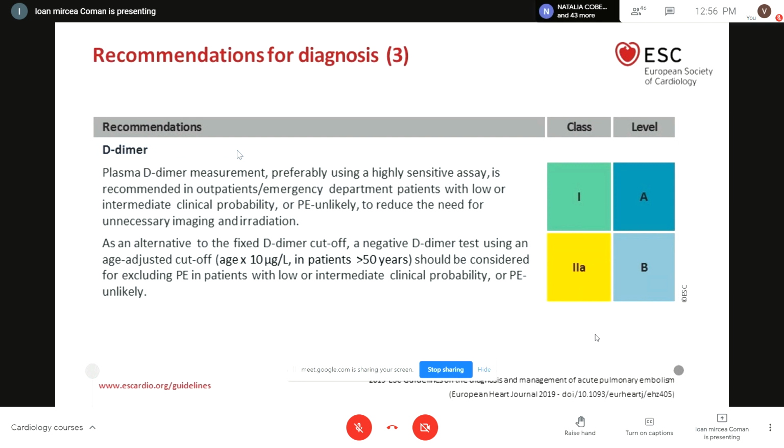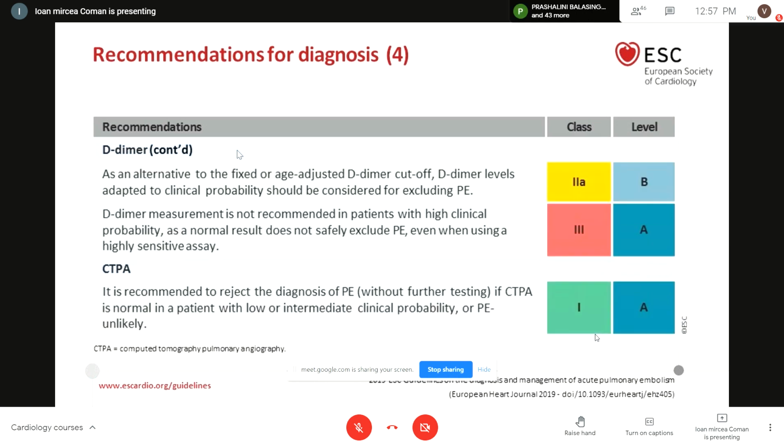The new guidelines suggest we use, instead of the D-dimer cutoff, a test with cutoff values adjusted to age. The D-dimers are useful when you are in the emergency area and you have a patient with low probability of pulmonary embolism in order to exclude it.